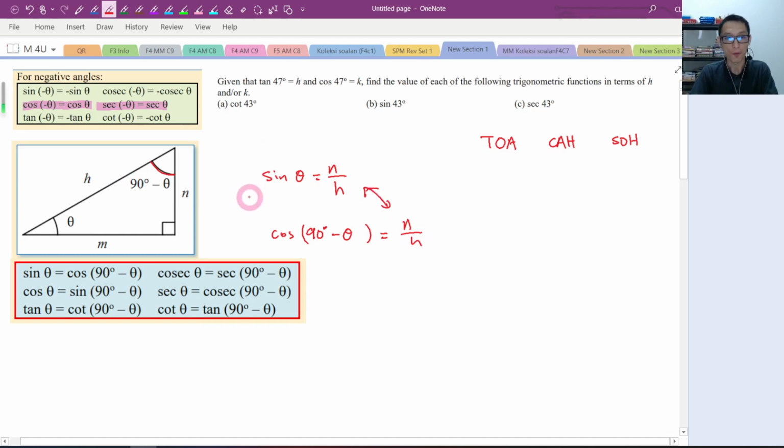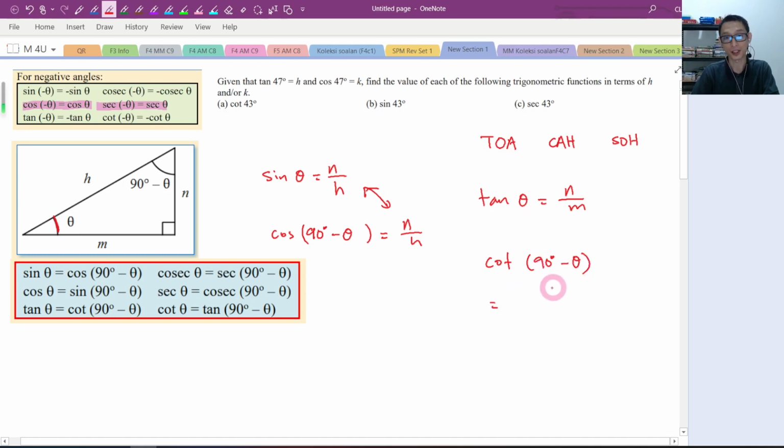Let me show you one more: tangent and cotangent. For the rest, if you want to test it yourself, you can try it one by one. Tangent theta is equal to TOA, opposite divided by adjacent. Theta is over here. So how about cotangent of 90 degrees minus theta?